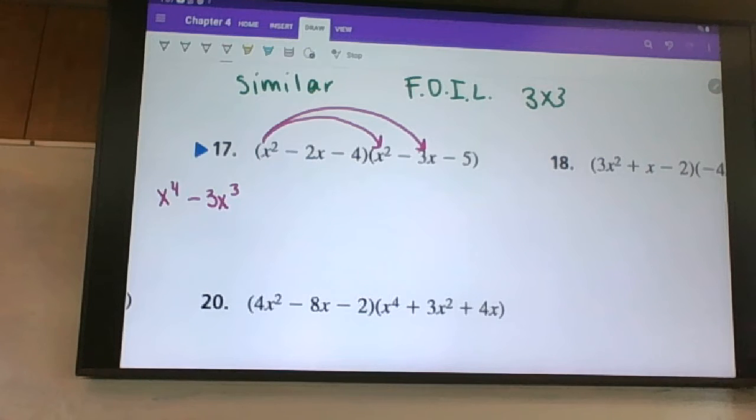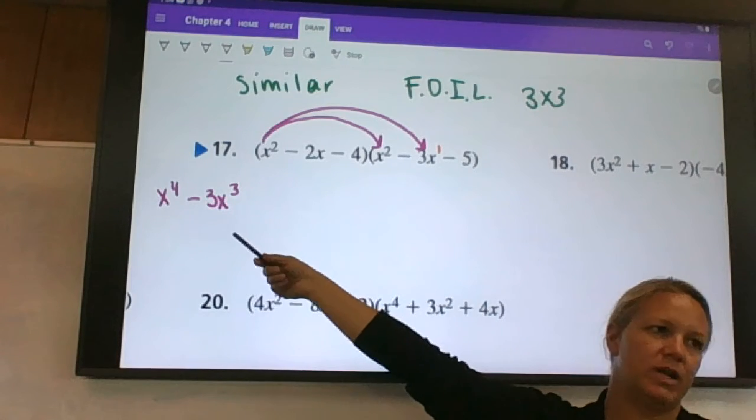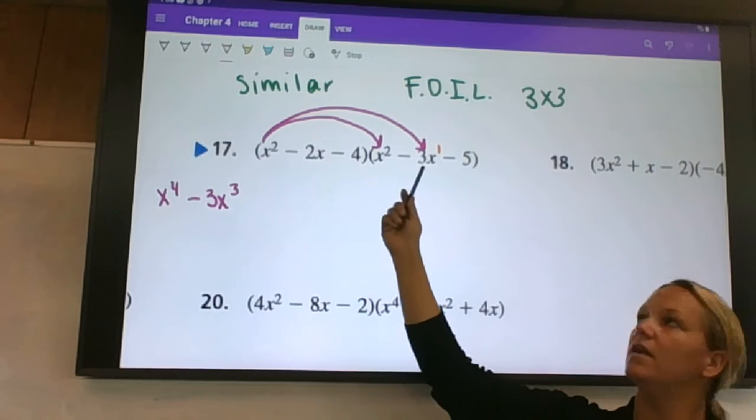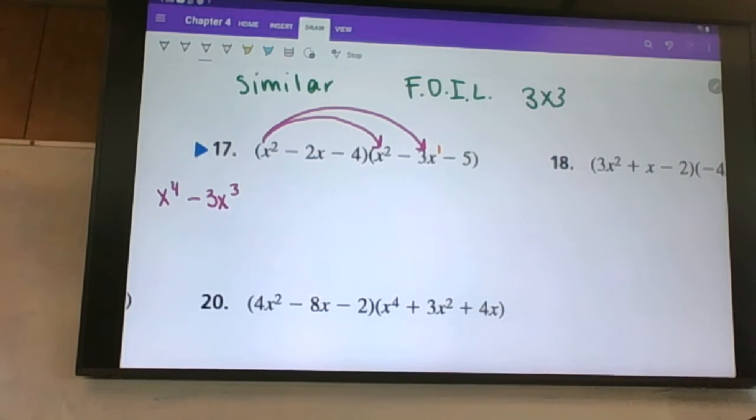So here's another situation where I'm going to write my 1 here, so I remember to add. I actually missed that one earlier today. X squared times minus 5. There's the first 3. Now I'm going to switch colors. Do the middle one.